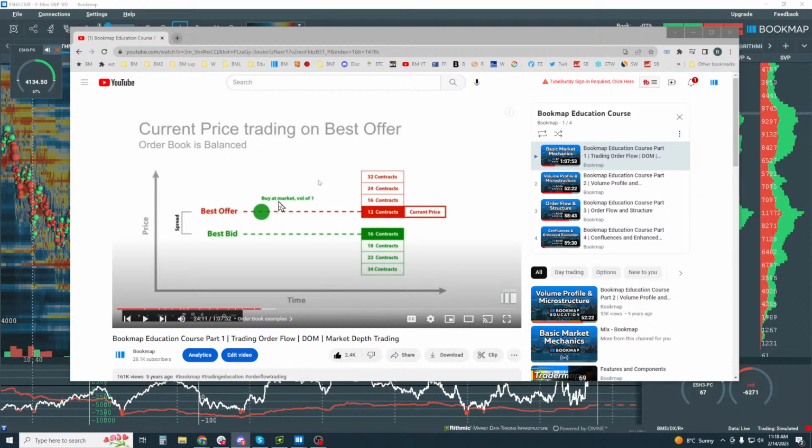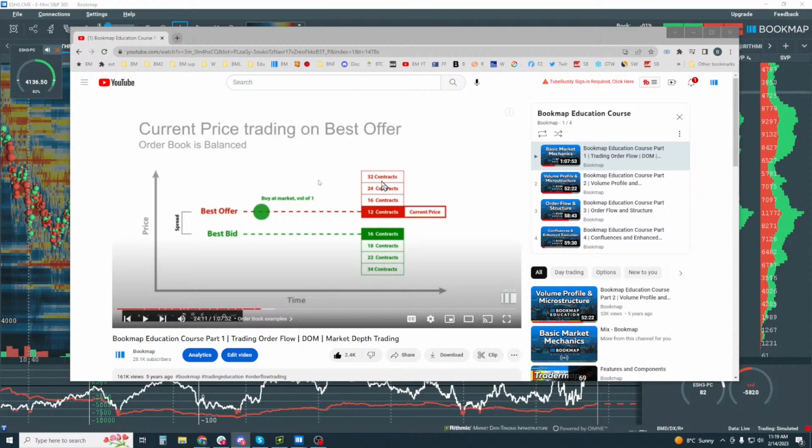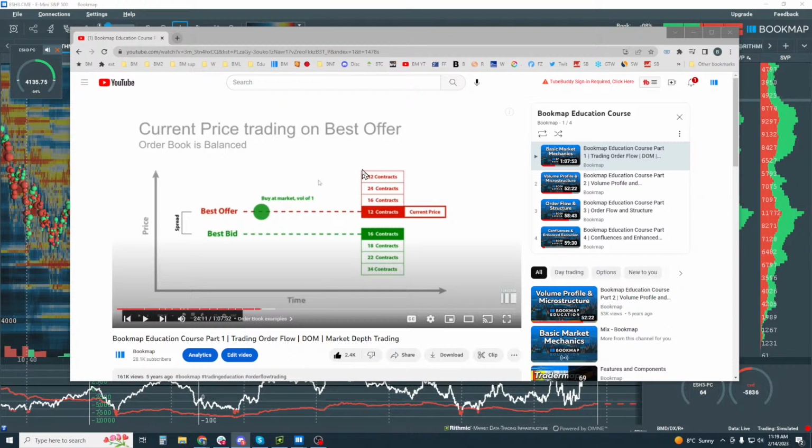It's not only about the aggressors. The book is skewed here. The example shows that there's a lot more supply on the offer, and due to that supply, the market starts to sell off. Technically, this cannot move the market.